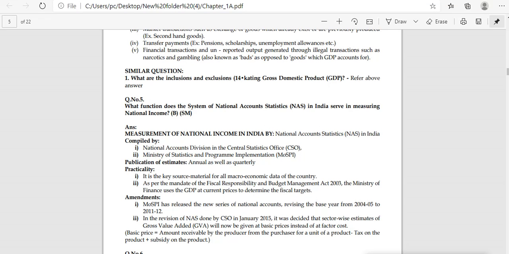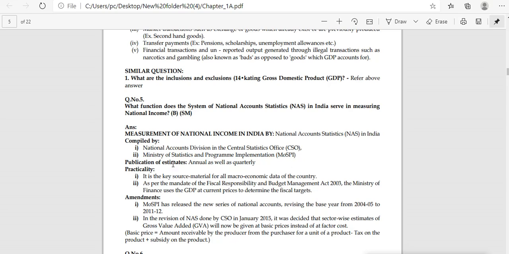The next thing is who is taking care of measurement of national income in India. Actually, it is termed as national accounts statistics in respect of India, which is compiled by two different organizations or authorities, namely CSO, Central Statistics Office or organization, then Ministry of Statistics and Program Implementation, MOSPI.